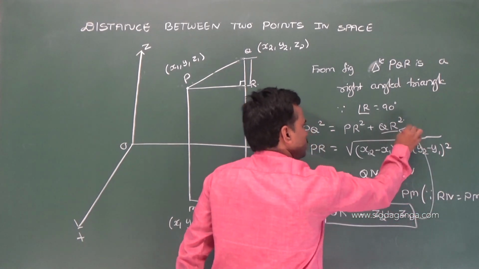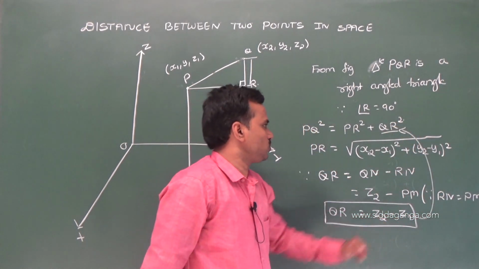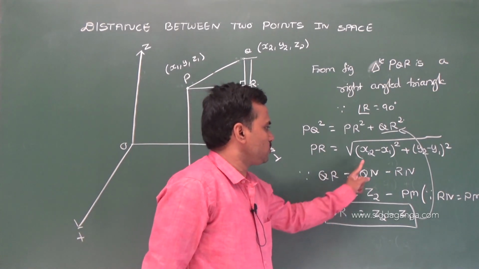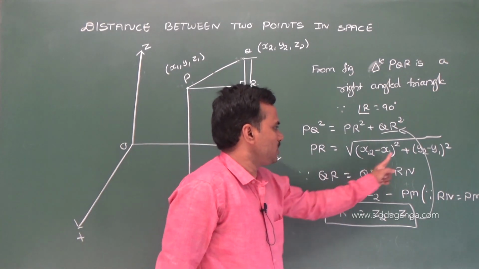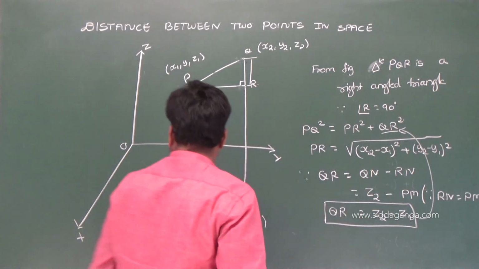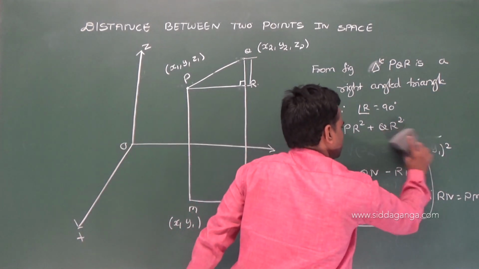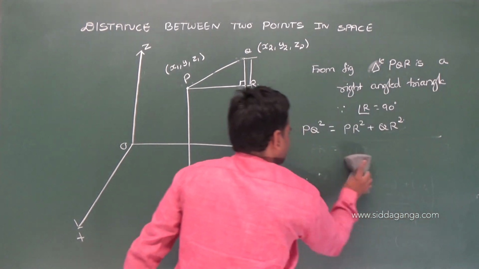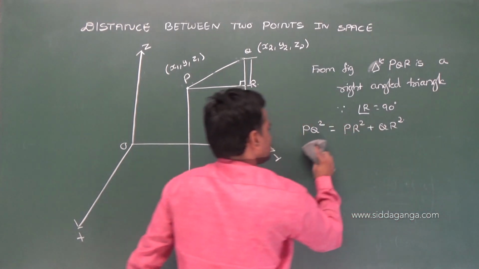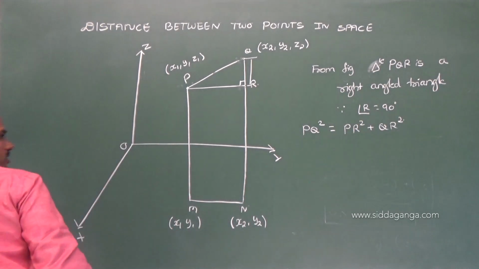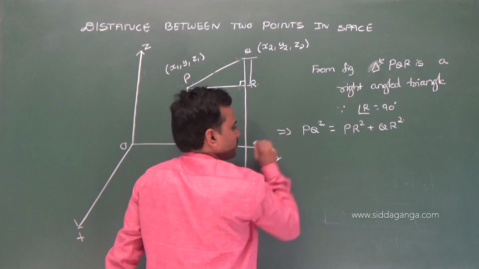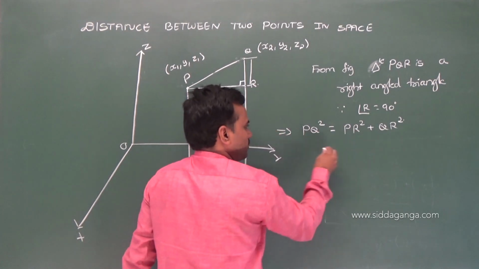QR is equal to Z2 minus Z1. PR is equal to the square root of X2 minus X1 whole square plus Y2 minus Y1 whole square. That implies PQ square is equal to PR square plus QR square.